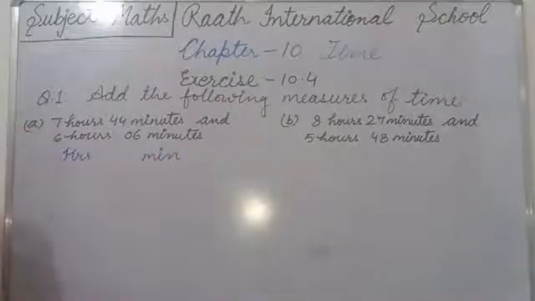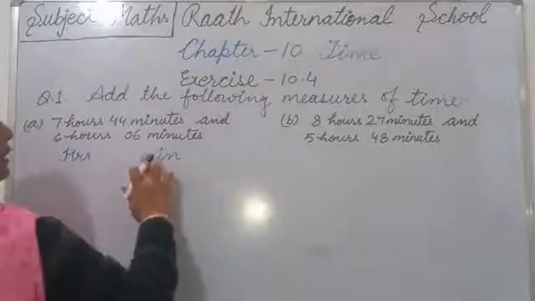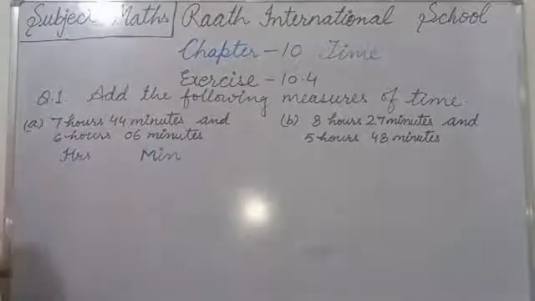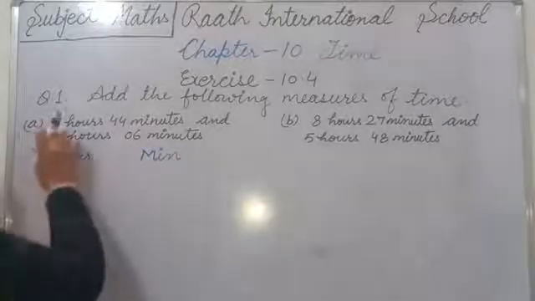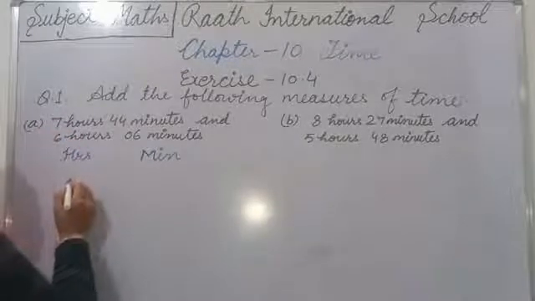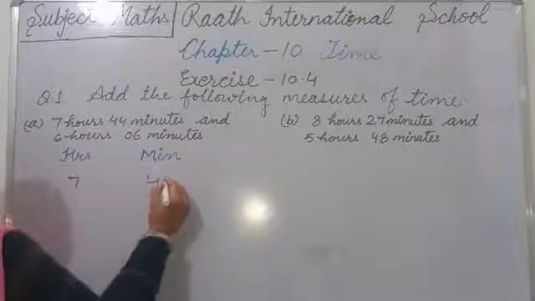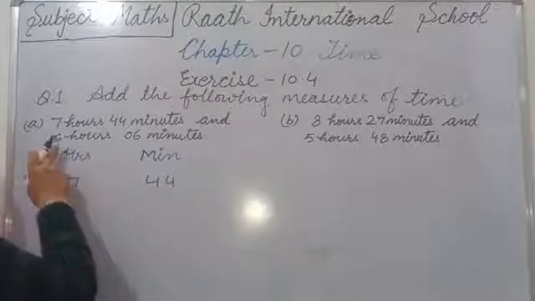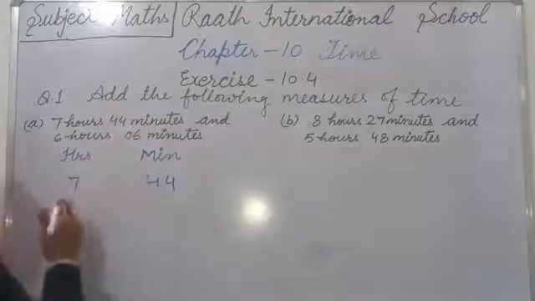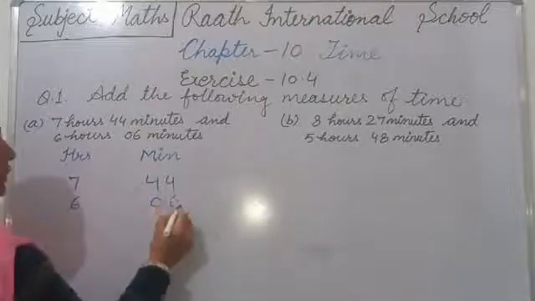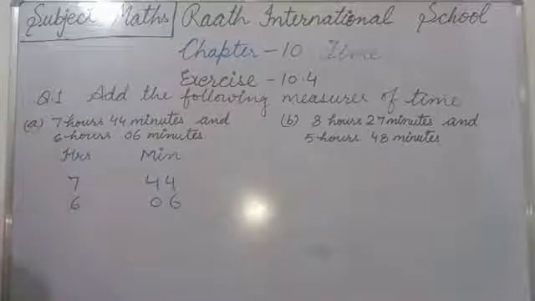In the hours column we write 7 and in minutes 44. Then plus 6 hours 6 minutes. In hours we write 6, in minutes we write 06, because 2 digits are given.